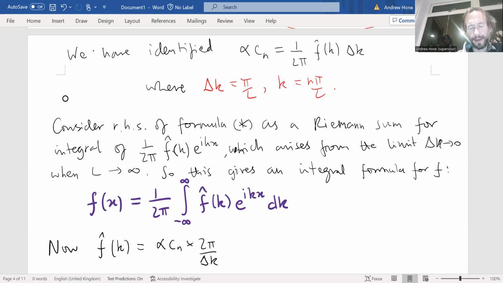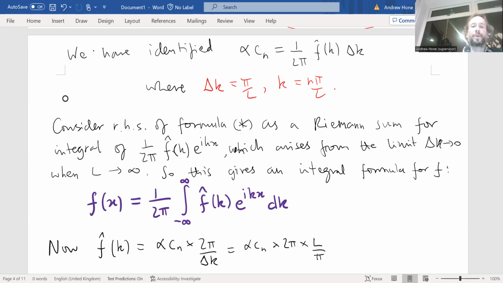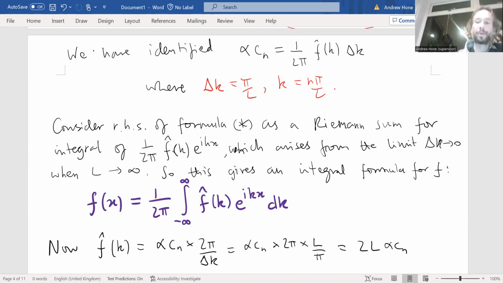Well, delta k is pi over L. Okay, so this is alpha Cn times 2 pi times, so this is going to be L over pi, because we know what delta k is. So this is going to be 2L alpha Cn.